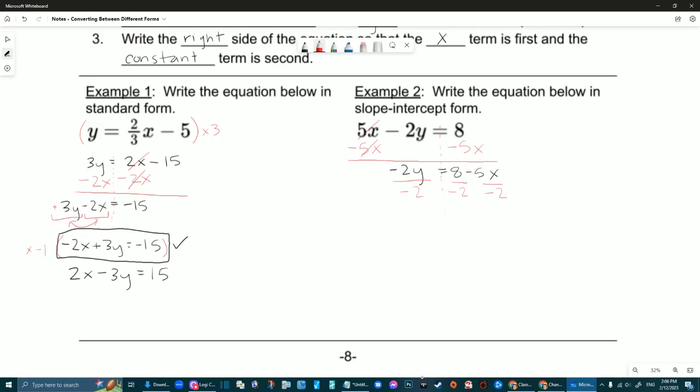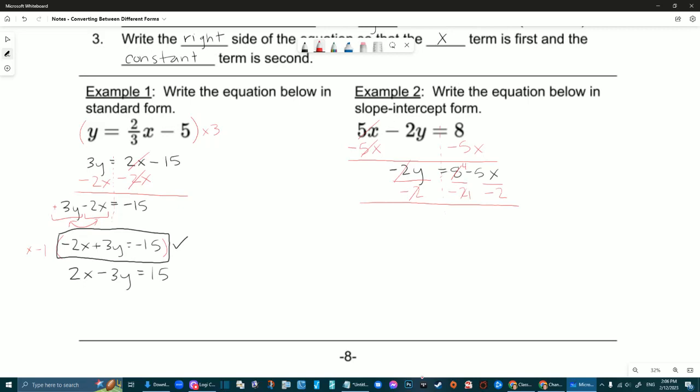So on the left side of our equation, those negative 2's are going to cancel and leave me with y, which is what I want. For the 8 divided by negative 2, I know 8 is divisible by 2, and that's going to give me a 4 and a 1.